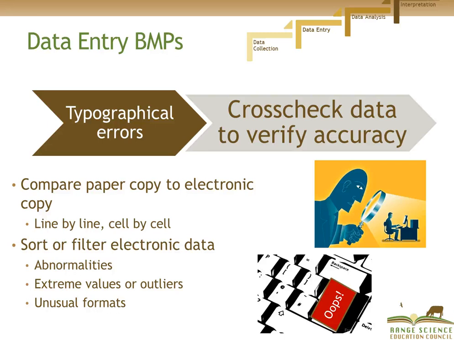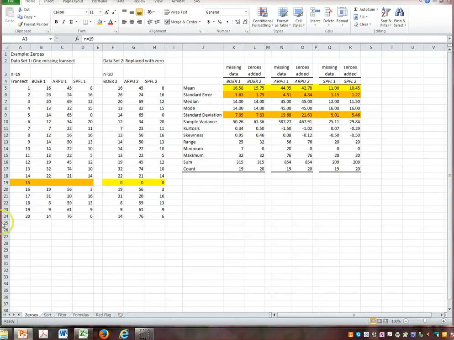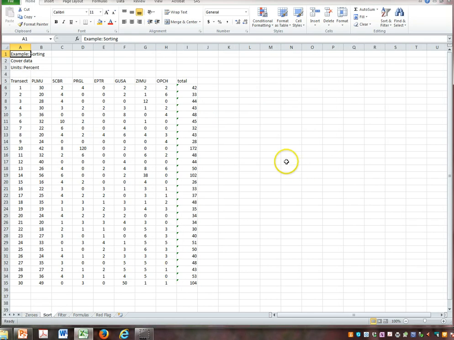And we're going to look at a couple examples using our spreadsheet. So here we're going to go to a new data set. This data set shows cover data that was collected on 30 transects, and there are multiple species.